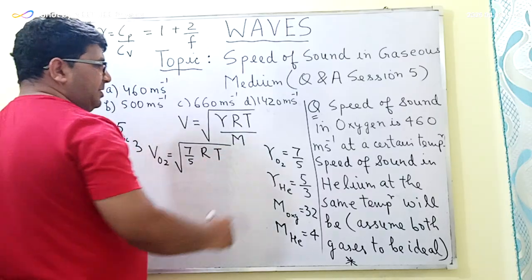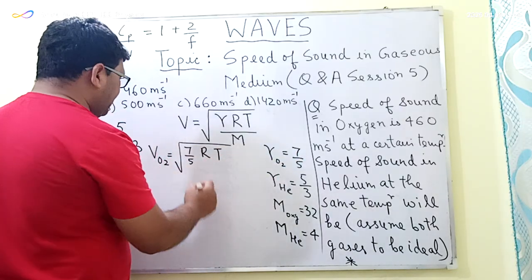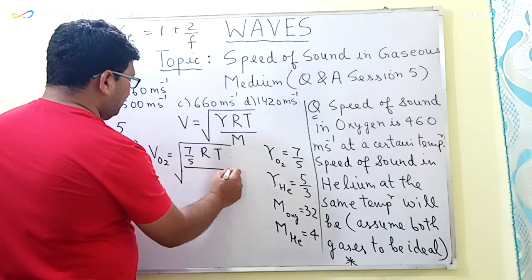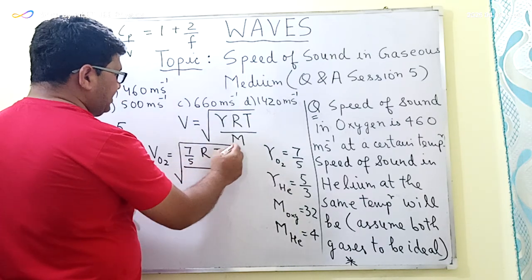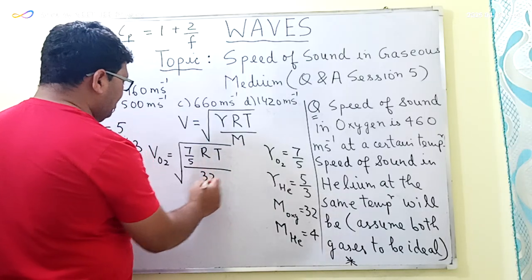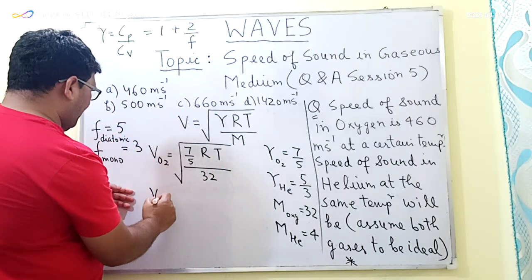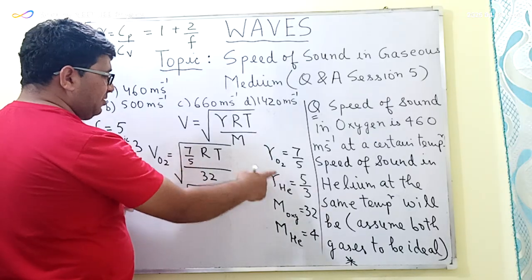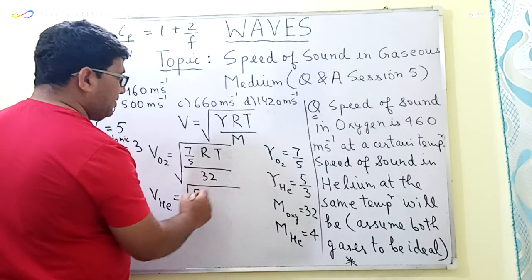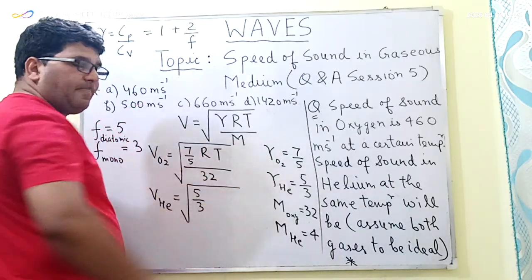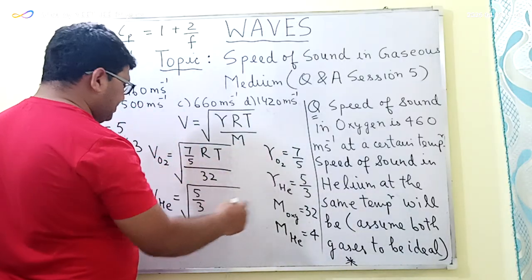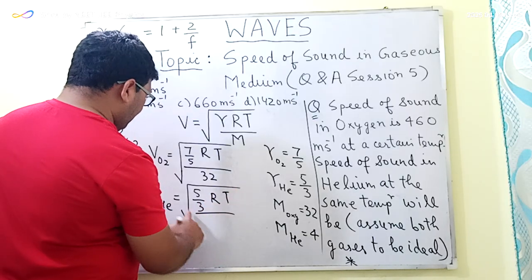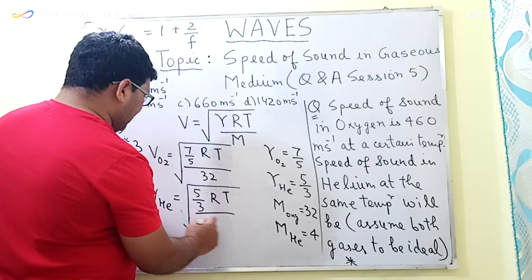Let us assume that the temperature in both the cases, oxygen and helium, is the same, and this is equal to T. For helium, gamma is equal to 5 by 3, the temperature is the same as per this question, so this will be equal to the square root of 5 by 3 RT divided by the molar mass, which for helium is equal to 4.